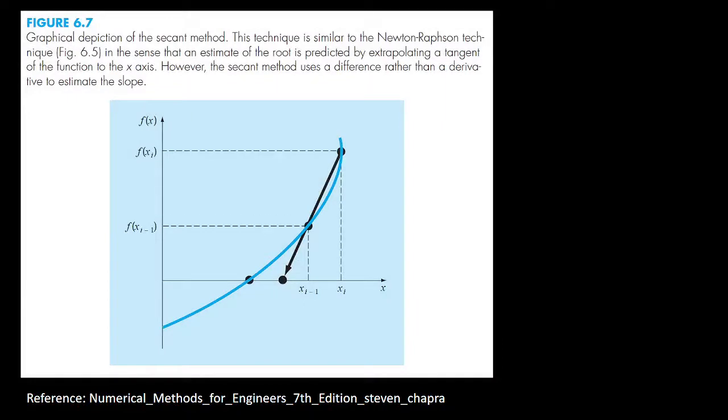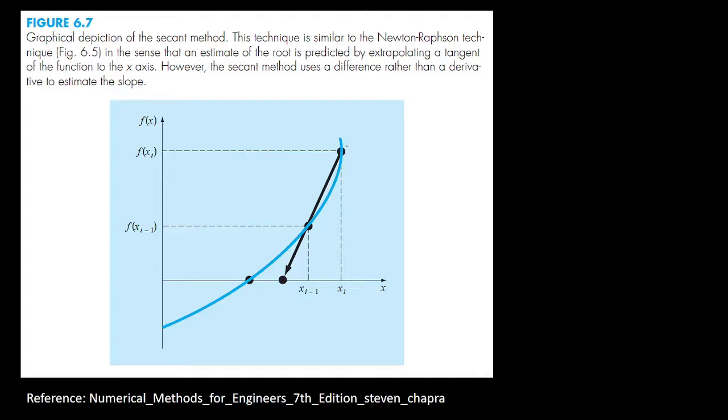So in the graphical depiction of the secant method, since we have two initial guesses, you combine those two initial guesses. You have two equations. One is like a forward finite difference, and the other is a backward finite difference. You substitute them into each other, so you create one equation for that, and it makes a line.